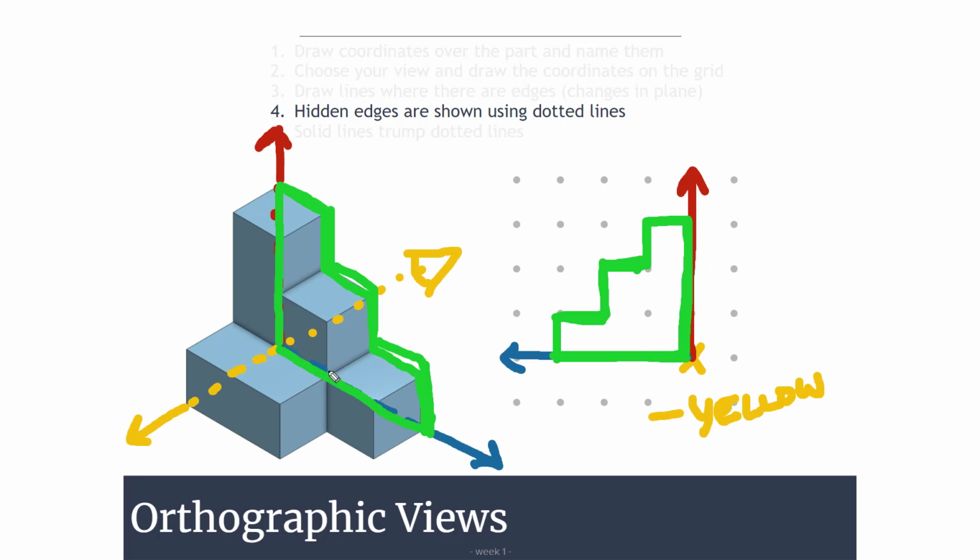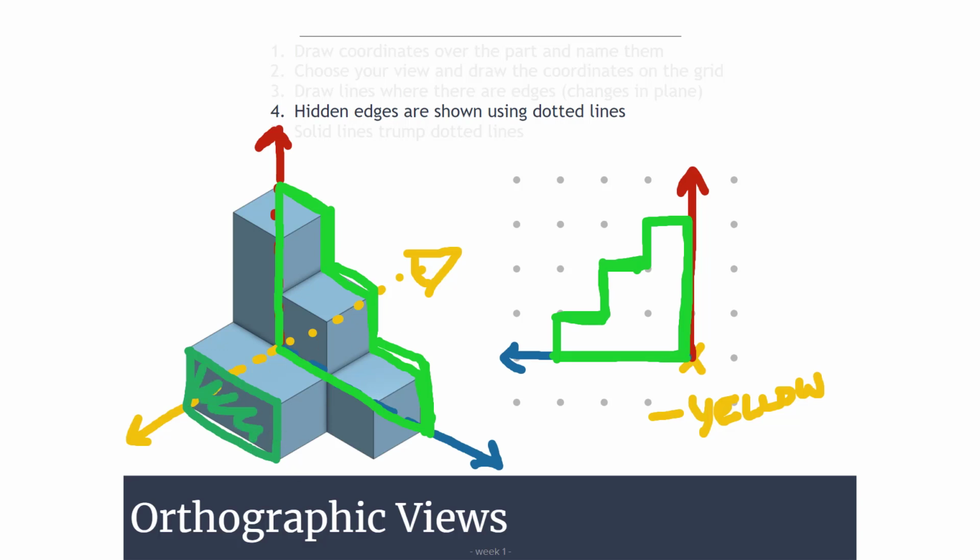But I would argue that this doesn't really give us an accurate picture of what's going on, right? And I think that you would agree that, if we had X-ray vision, we would be able to tell that there is something else back here that we should be able to see if it wasn't for this staircase kind of blocking our view, right? It is orthographic. Our view is normal to this face, right?